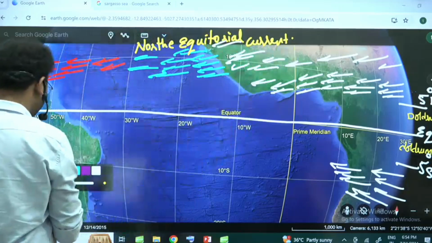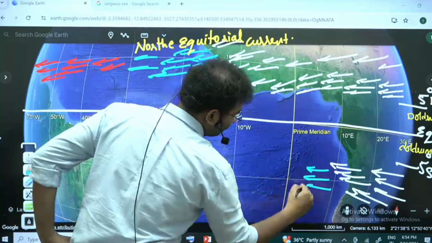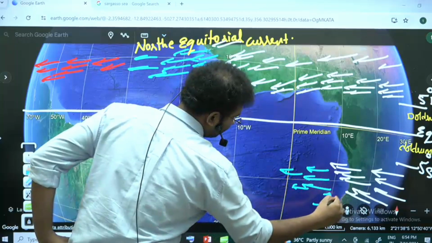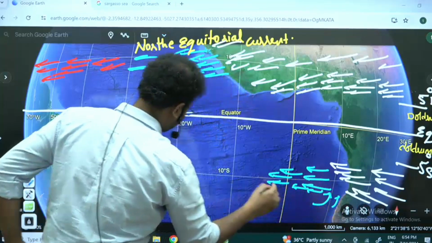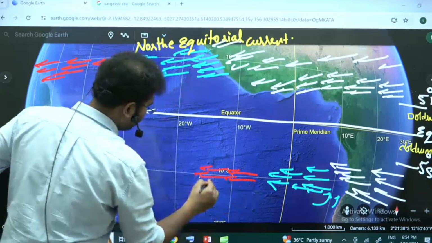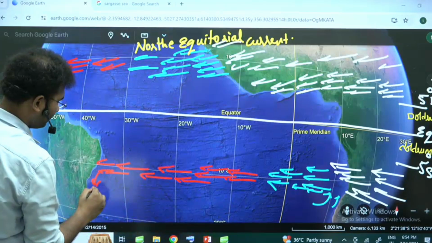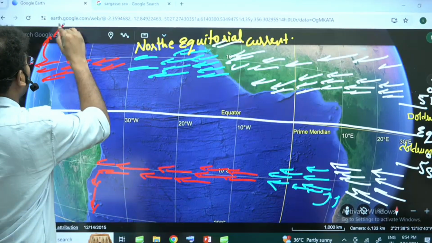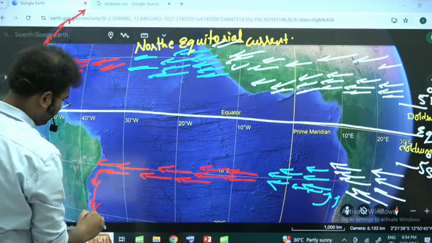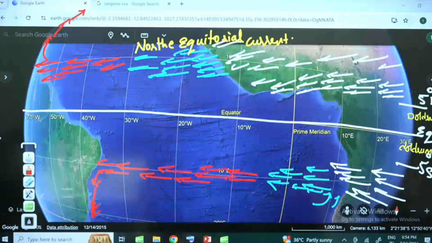Same like that, you will also have a south equatorial current. Got it? But what about the water between 5 degrees north and 5 degrees south?